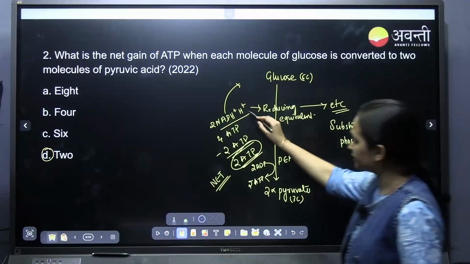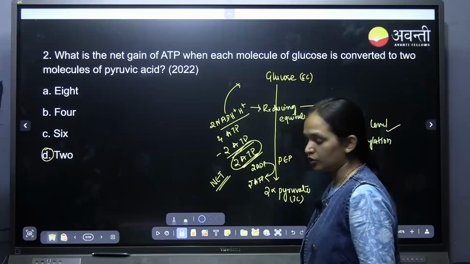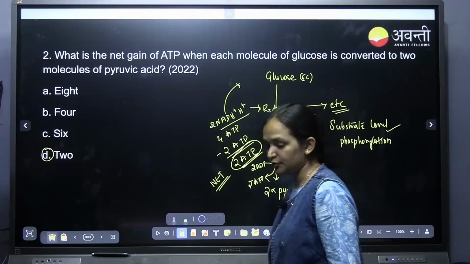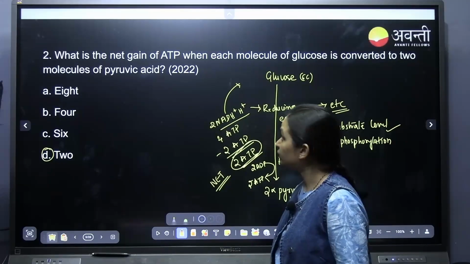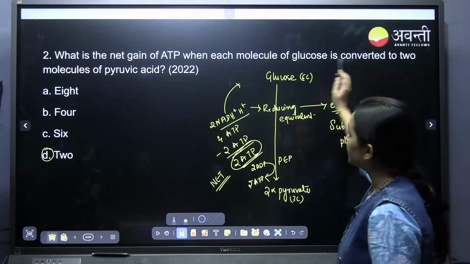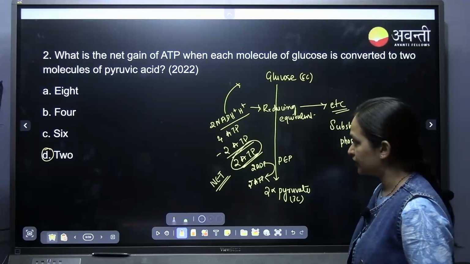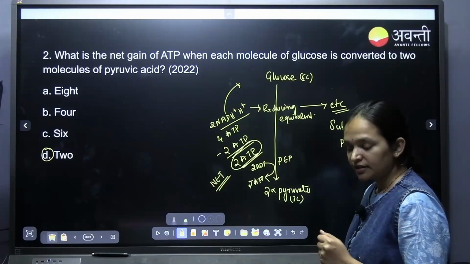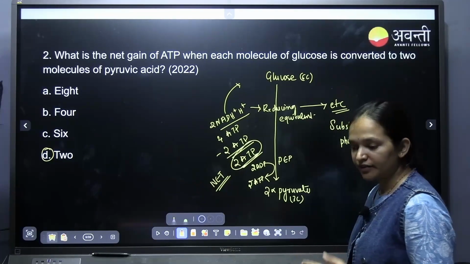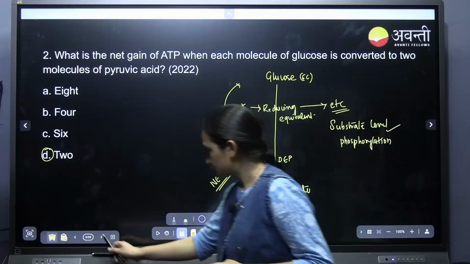So we are not considering this, only the net ATP will be 2 molecule of ATP, that is the direct ATP which is synthesized in glycolysis, that is 2 molecule of ATP in substrate level phosphorylation, that is direct ATP which can be utilized there, then and there, wherever it is needed, that it will be utilized there. Understood?